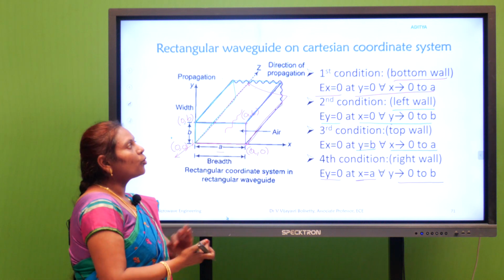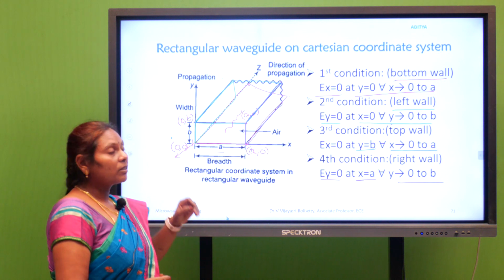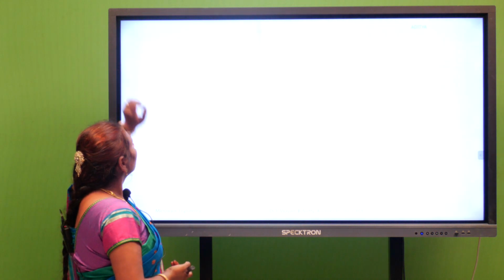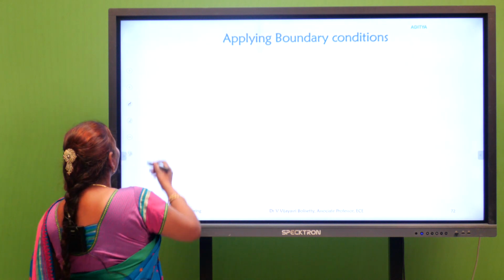So these are the 4 boundary conditions that we need to substitute into the TE wave equation. Let us see what the TE wave equation is.